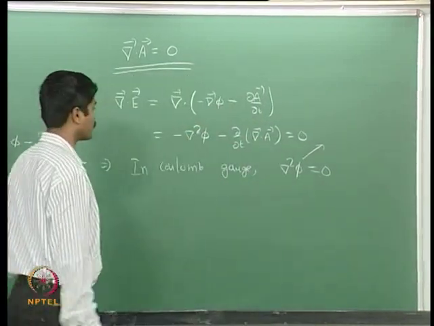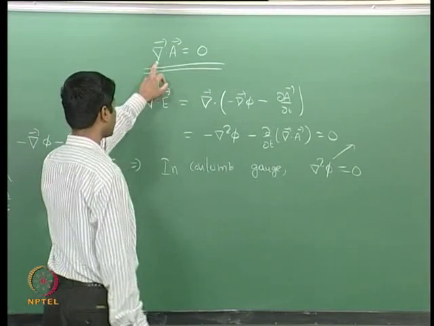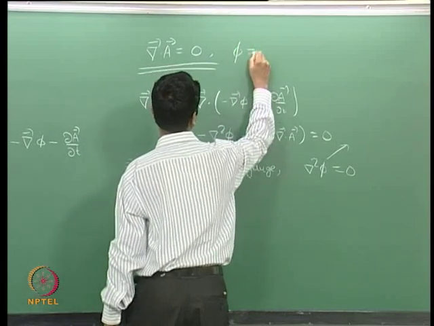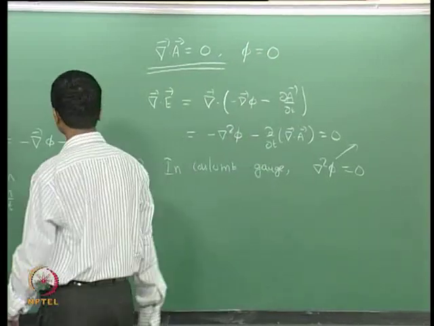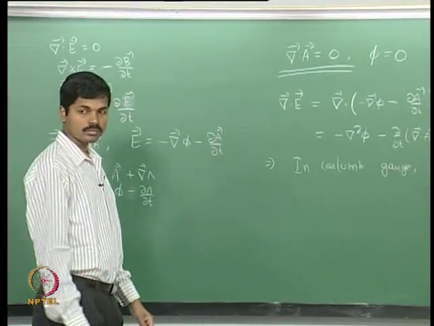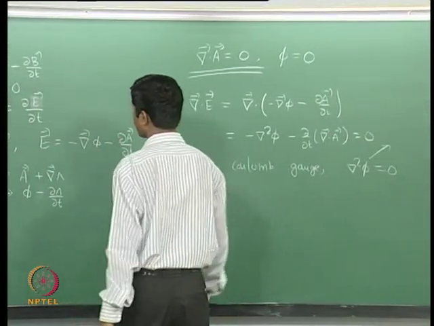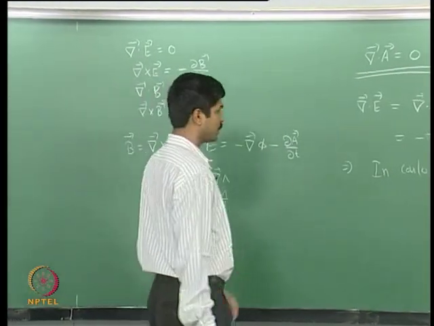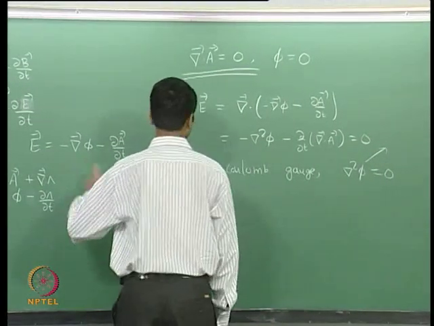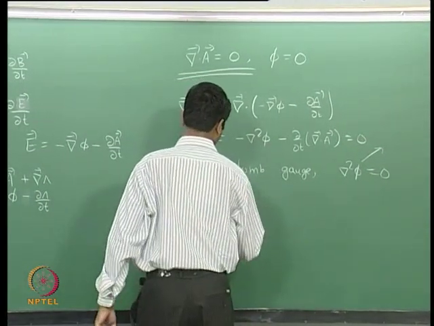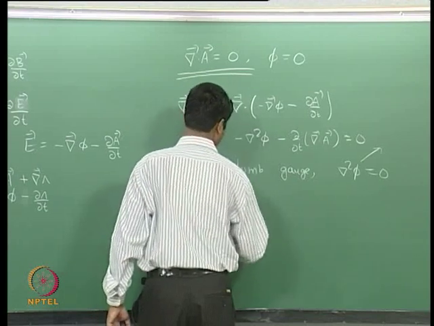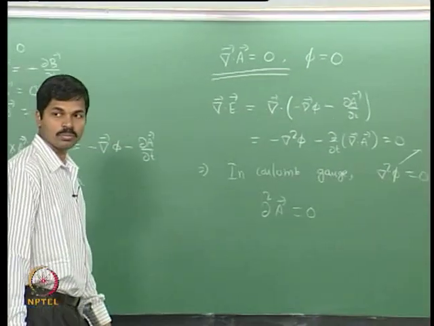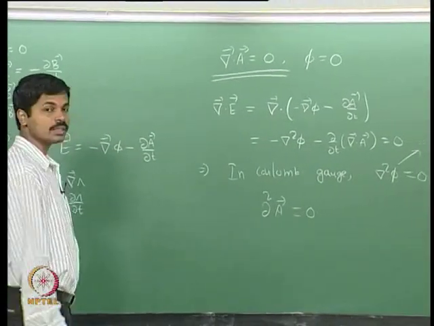So with suitable boundary conditions, what we have seen is that we can just set phi equal to 0. Now you are left with only the A field. Now you can consider the other equations of motion appropriately, and then you can show that in the Coulomb gauge, this is the equation of motion for the vector potential A.